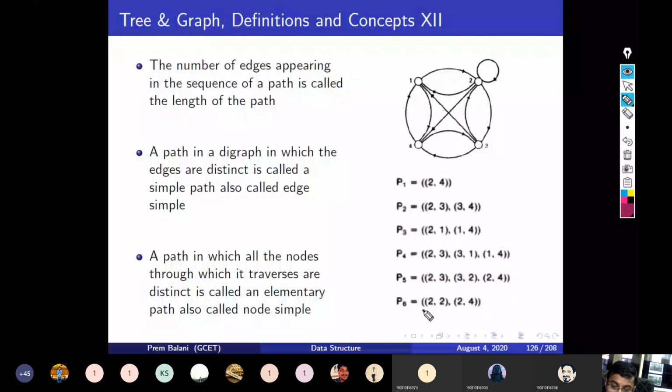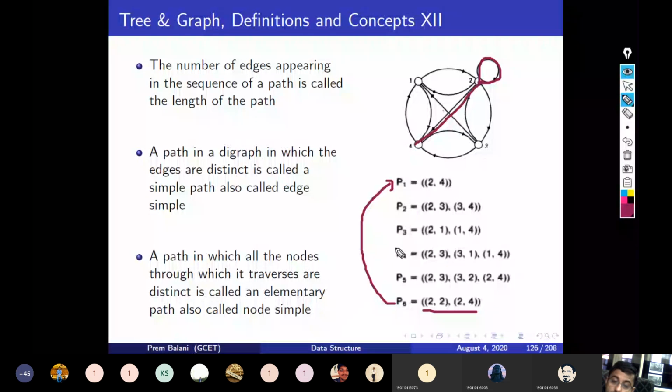If you take this path 2 to 2 and 2 to 4, it is not an elementary path, and if it is not elementary, that means it is containing cycles. So 2 to 2, it is a cycle, and 2 to 4. So if you remove this cycle, you will get this path, and this path is elementary, right?